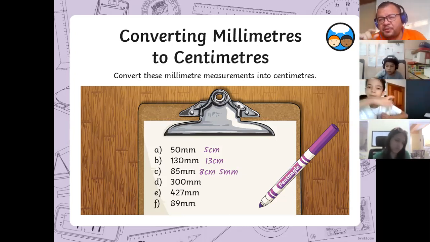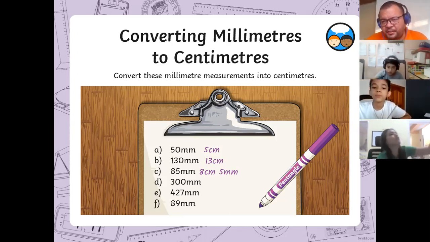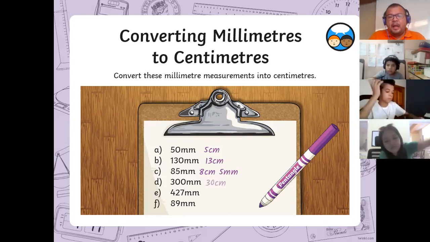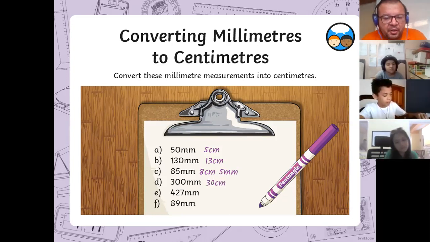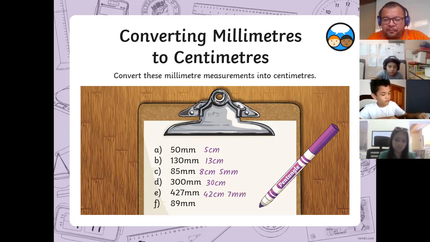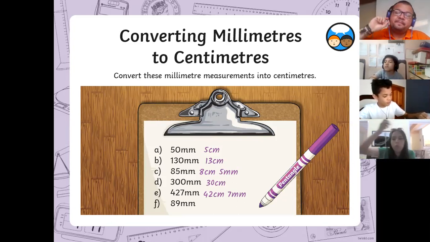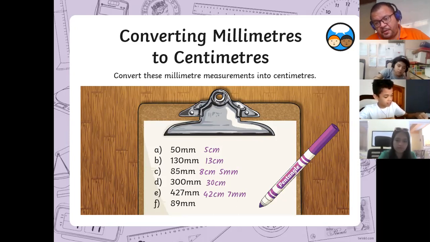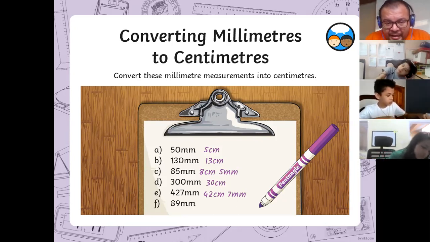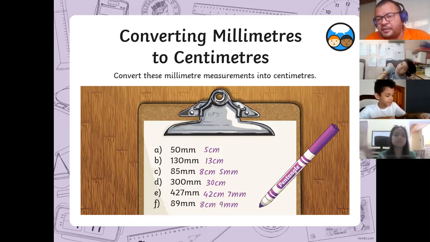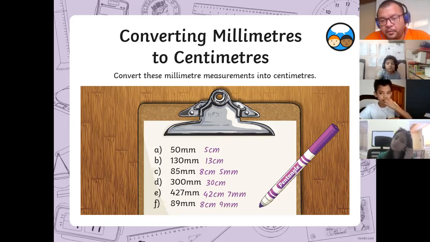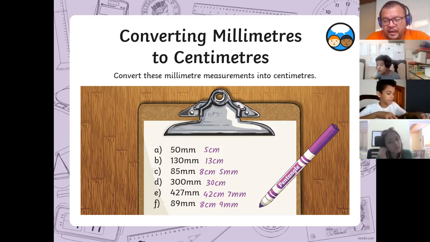It's better to say it shorter, 8.5 centimeters. 300 millimeters is equal to 30 centimeters. 427 millimeters is equal to 42 centimeters 7 millimeters, or 42.7 centimeters. 89 millimeters is equal to 8 centimeters 9 millimeters, or 8.9 centimeters.